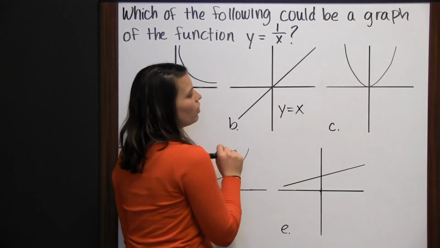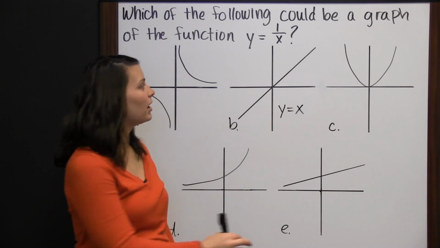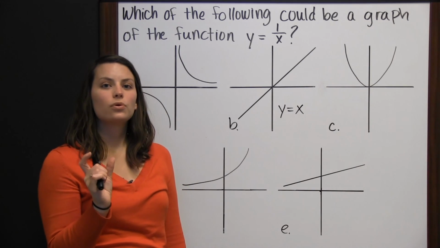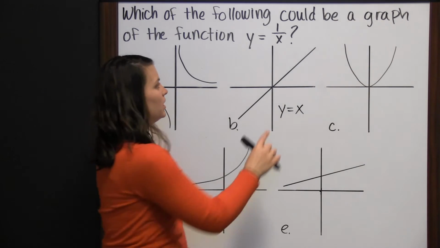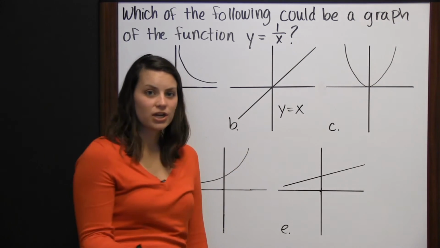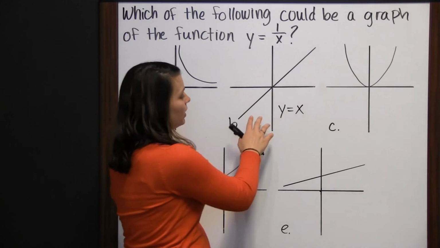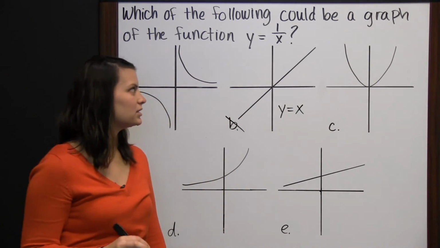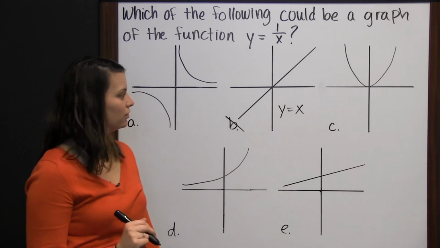So not y equals 1 divided by x. By the way, this is called a rational function. The root ratio means a comparison of two numbers, or a fraction. And B is not the graph of a rational function. It's the graph of a linear function.